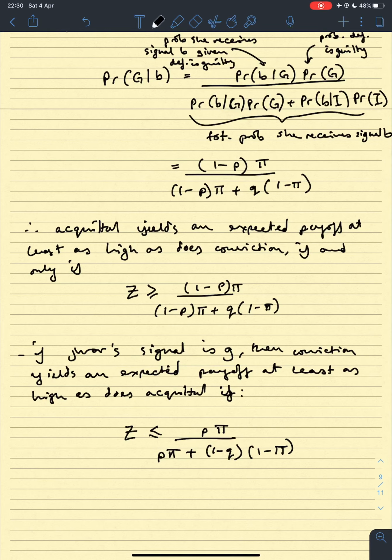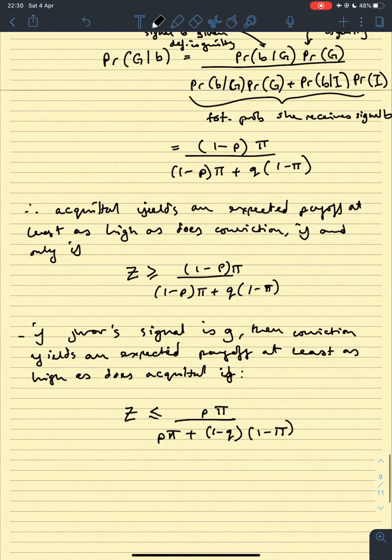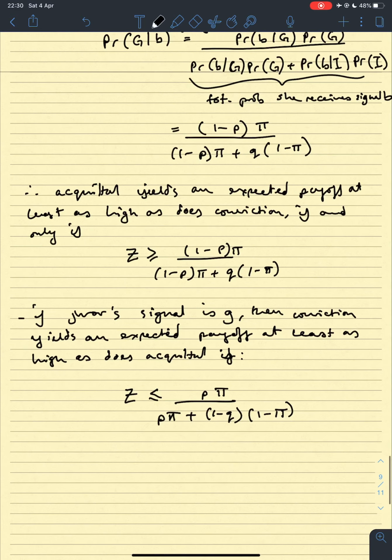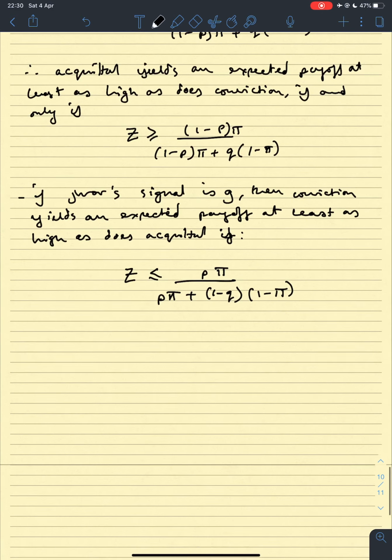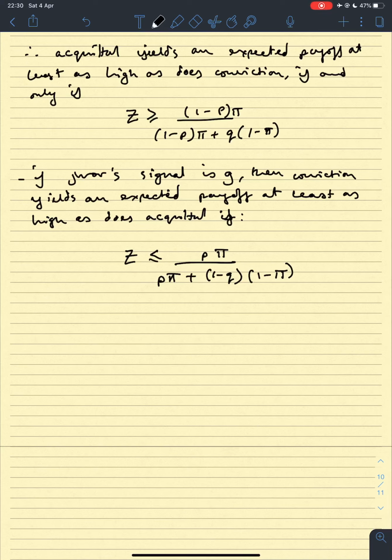So we found this using the same process that we used above, using the probability of guilt given that the signal is G.